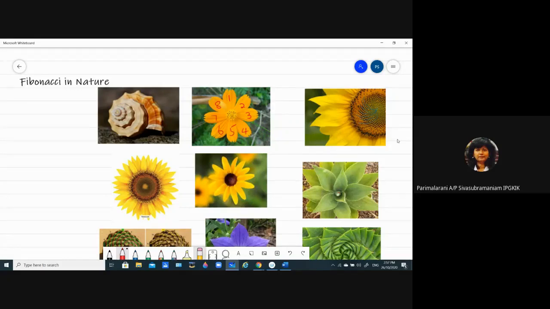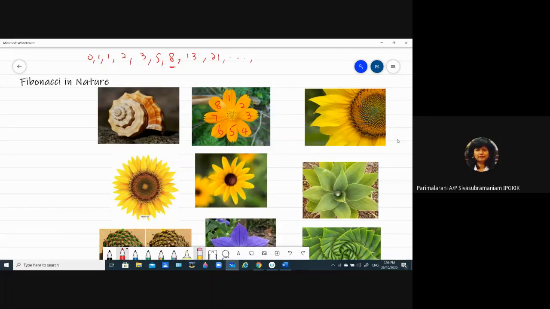There are 8 petals in this flower. And 8 is one of the elements of the Fibonacci sequence: 2, 3, 5, 8, 13, 21, and so on. So we have 8 petals in this flower.